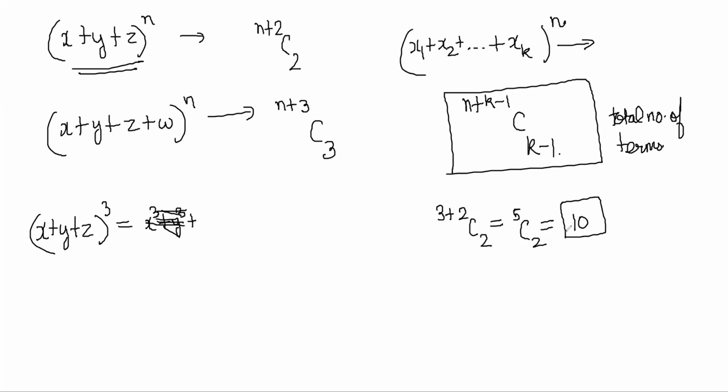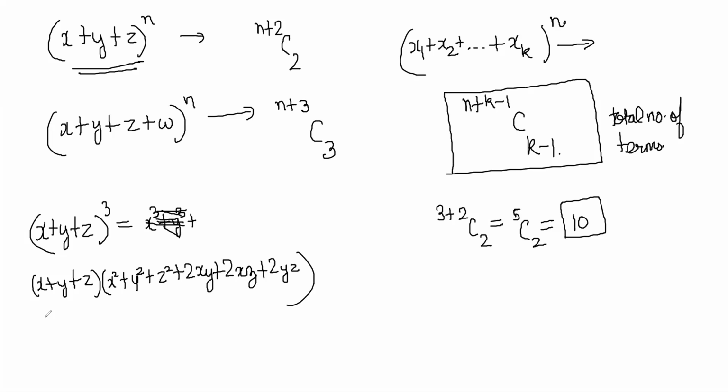Check it once. Expanding is annoying to do, but it is x plus y plus z into x square plus y square plus z square plus 2xy plus 2xz plus 2yz. It will not actually be 18 terms here because you will add up some terms. It's 10 only.